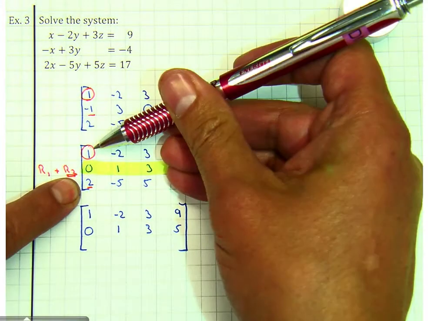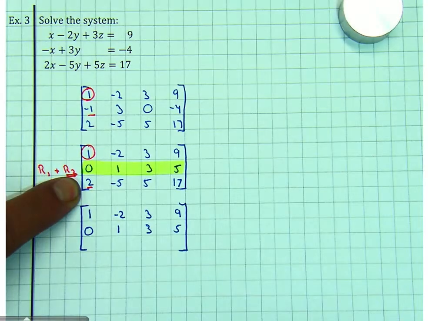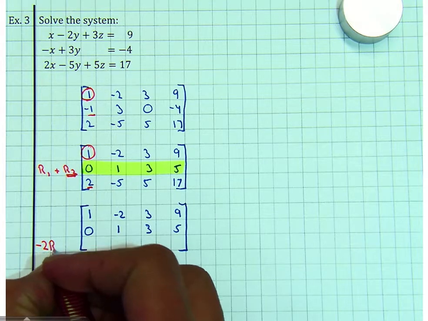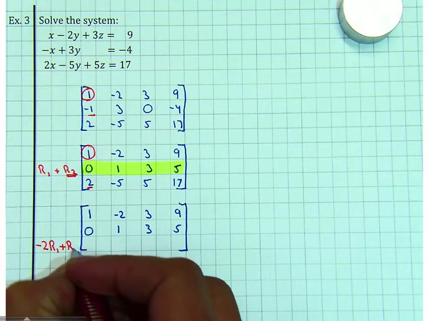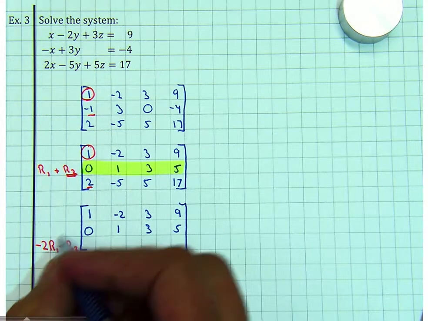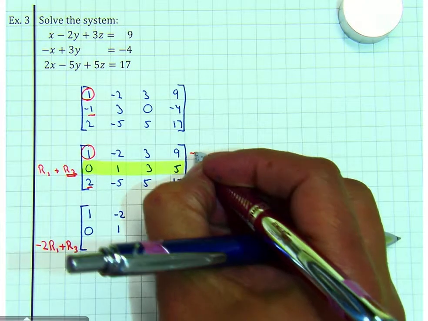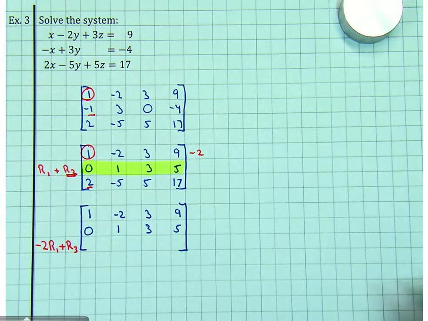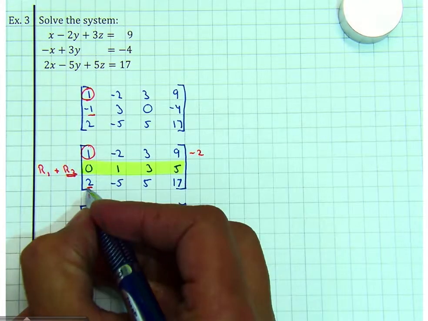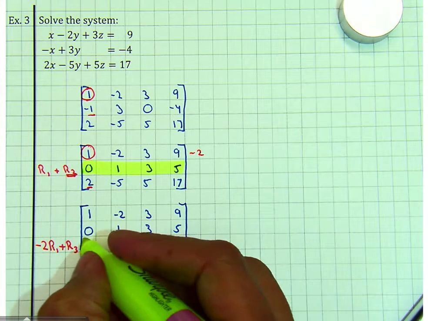I need to multiply this by -2 and add it to row 3. So I'll multiply row 1 by -2, and I'm going to add it to row 3. So it gives me, notice that whenever I multiply, I prefer to place the -2 in here, so it helps me make fewer mistakes. That gives me -2 times 1 is -2, plus 2 is 0. So this is the one that I'm changing.